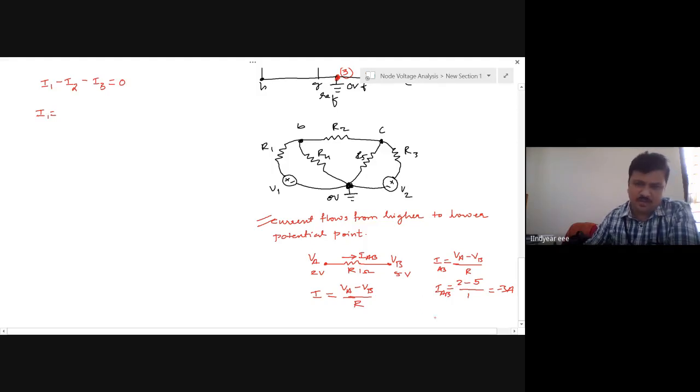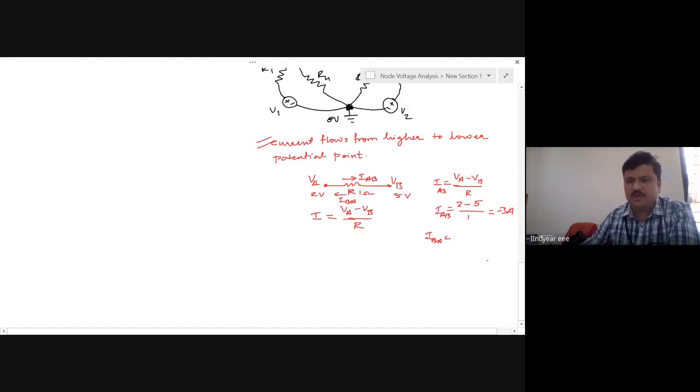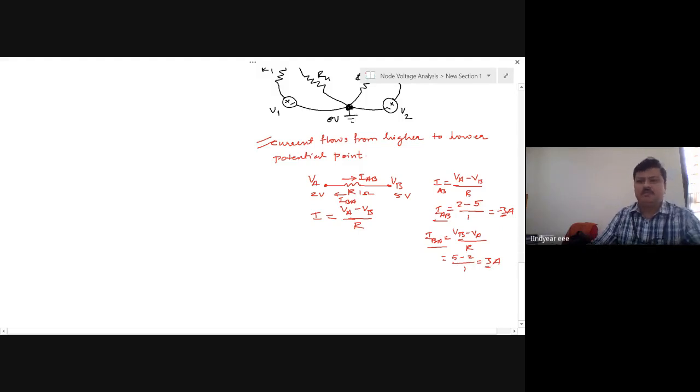Now if I take IBA, it is VB minus VA divided by R, that is 5 minus 2 divided by 1, that is 3 amps. See, in both cases, is the magnitude changing? Magnitude is remaining the same.